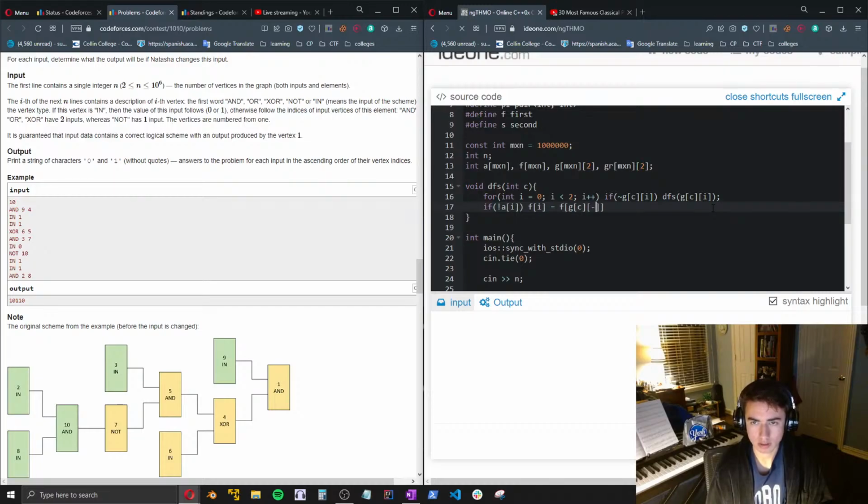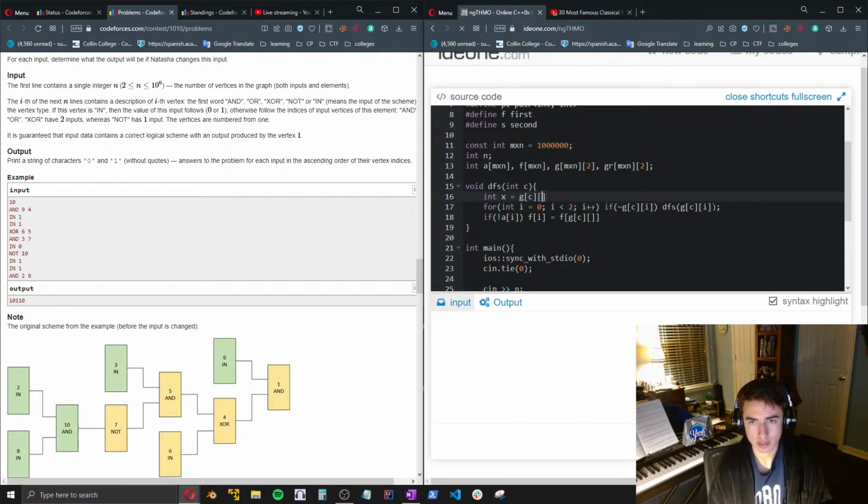F of c0 into x of c0 c1, F of x and F of y plus 5 and F of i, 4, XOR y plus, if 3, y is equal to not x.